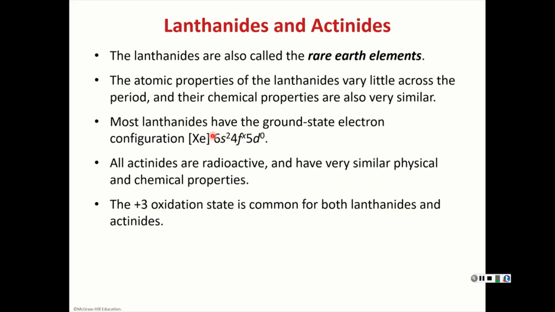Most of them have the ground state electron configuration of xenon, which is going to be that preceding noble gas for the 6th row, and then we have 6s2, 4fx, 5d0.